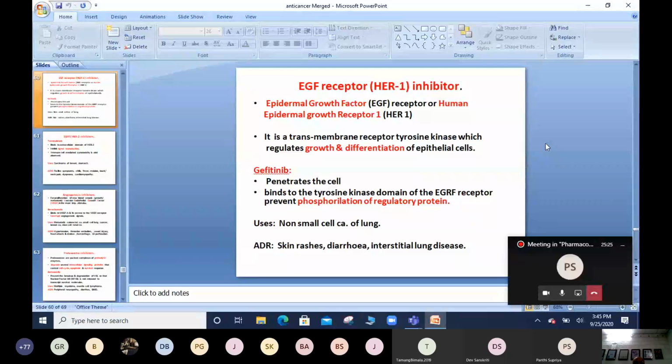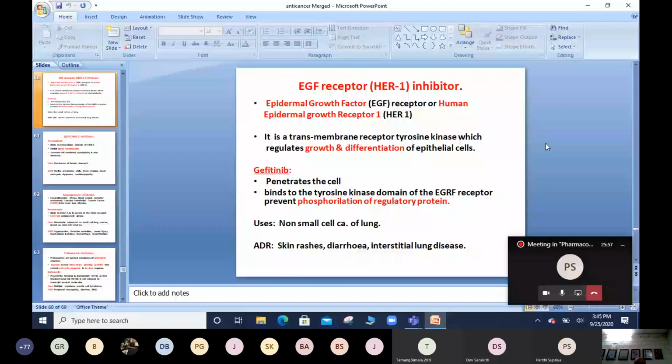Next target is EGF. What is the EGF receptor? It is nothing but the epidermal growth factor receptor, also called the HER1 receptor, that is human epidermal growth factor 1. It is a transmembrane receptor.